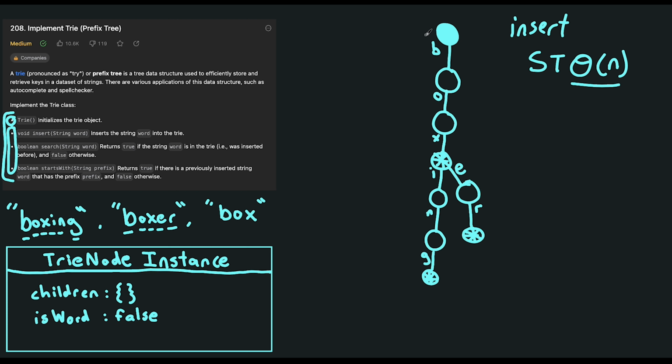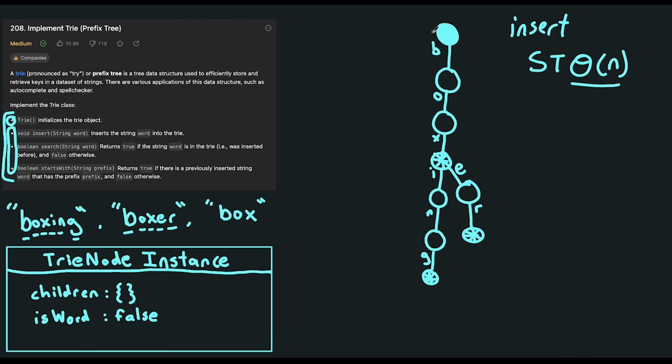Well, that is creating n new nodes. The string boxing's length is n, and therefore it creates n new nodes in the try. It also takes n iterations to add this word into our try. So that's what the time complexity is there. They're both O of n.